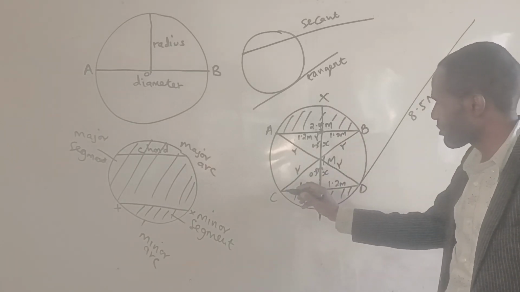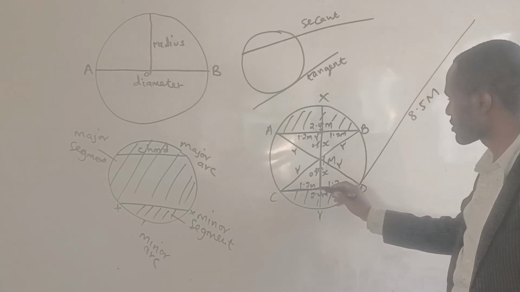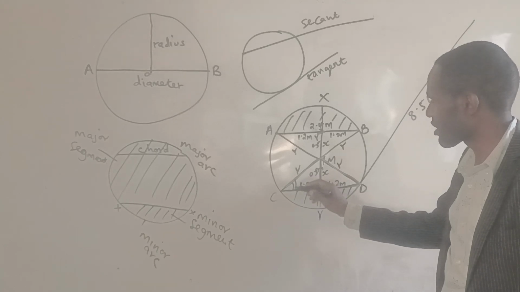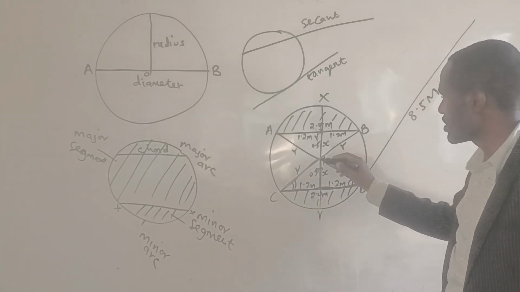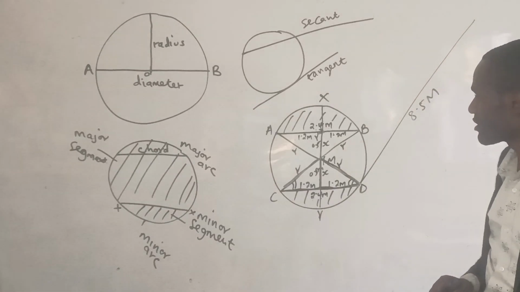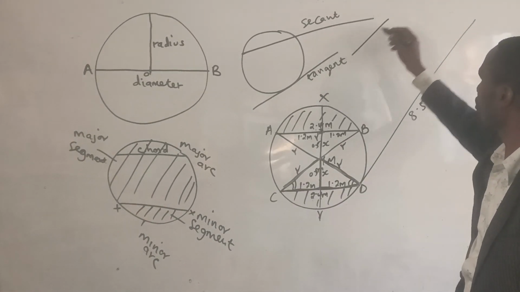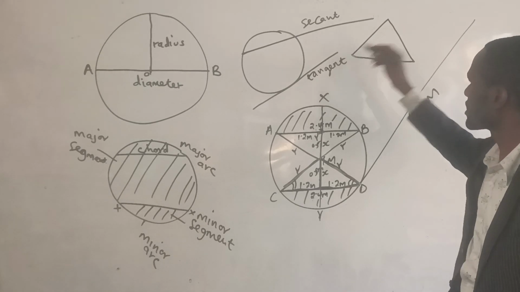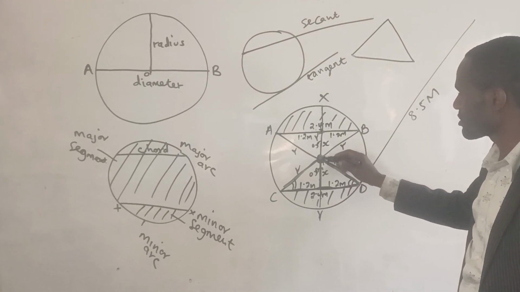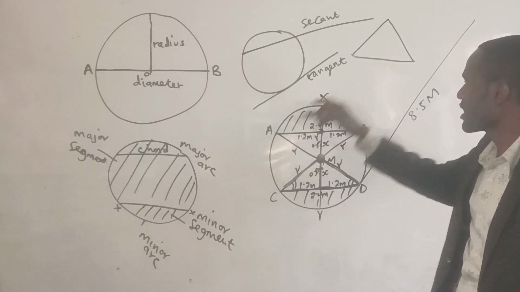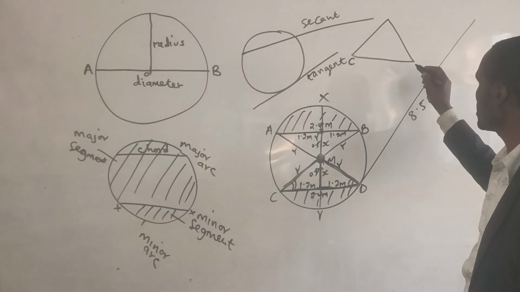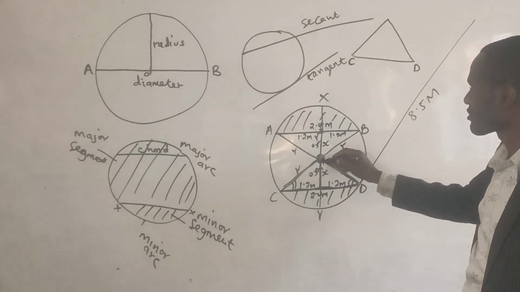So I can come up with this triangle, which is an isosceles triangle where the base angles are the same and these two opposite lines are equal. So let me take this to be C, and this to be D, and this to be the center O.